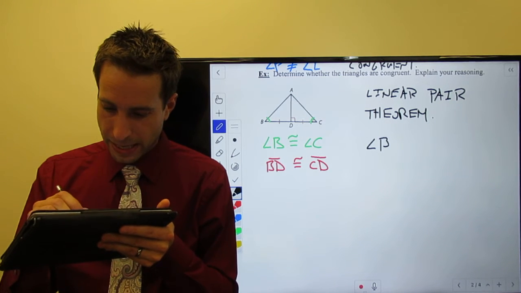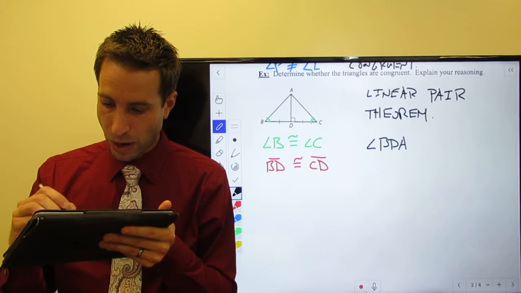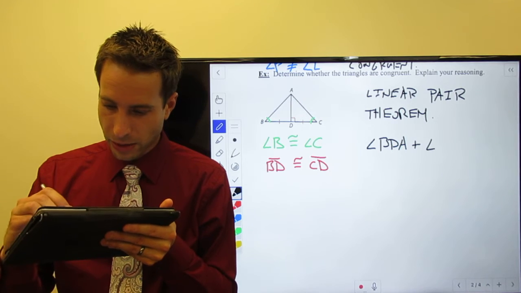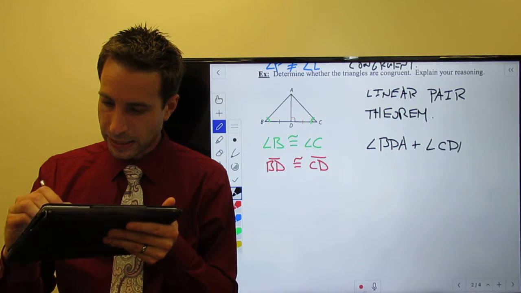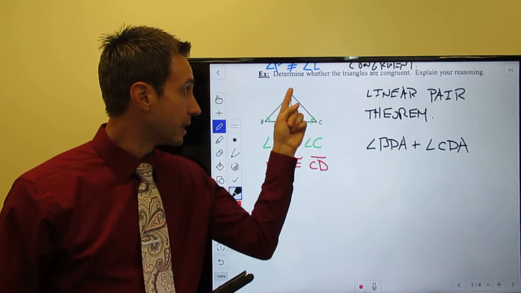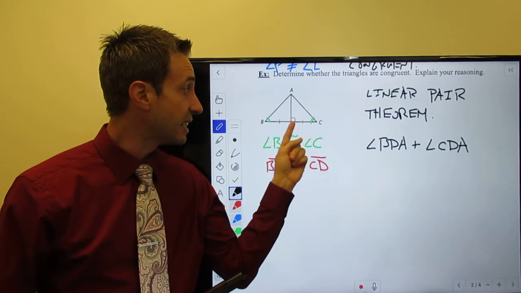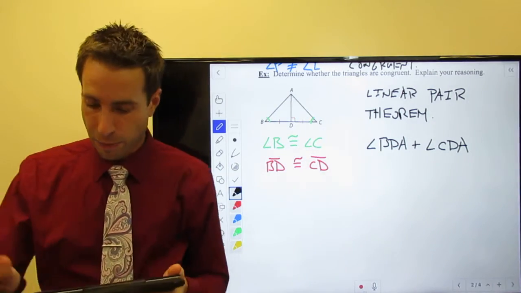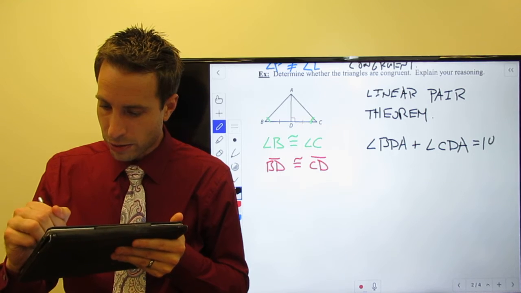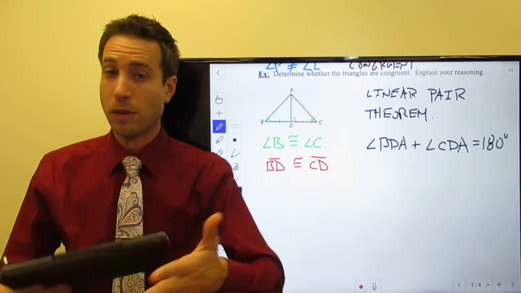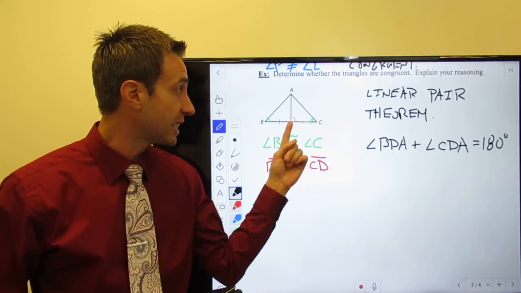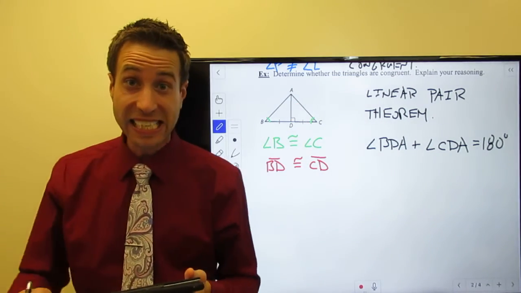Angle BDA plus angle CDA. So BDA and CDA form a linear pair. They're equal to 180 degrees. But I know angle CDA, it tells me in the diagram, it's 90.